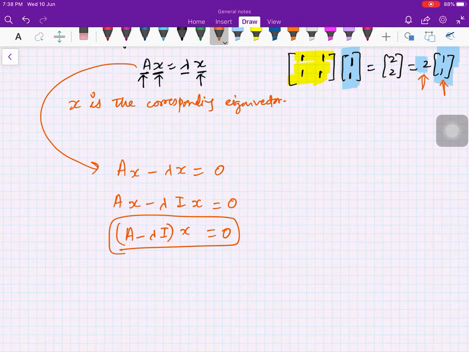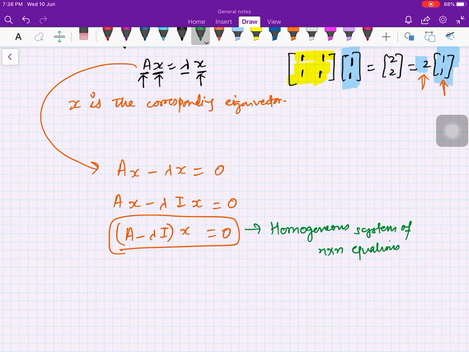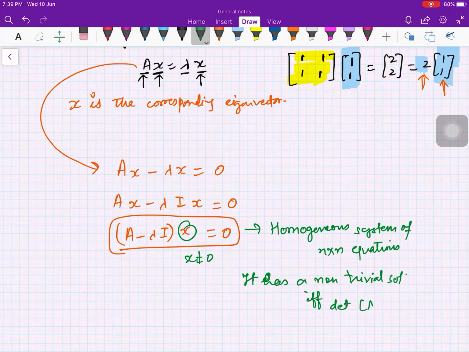This is a homogeneous system of n cross n equations, and we want x not equal to 0. So we know that it has a non-trivial solution if and only if the determinant of A minus lambda I is 0.